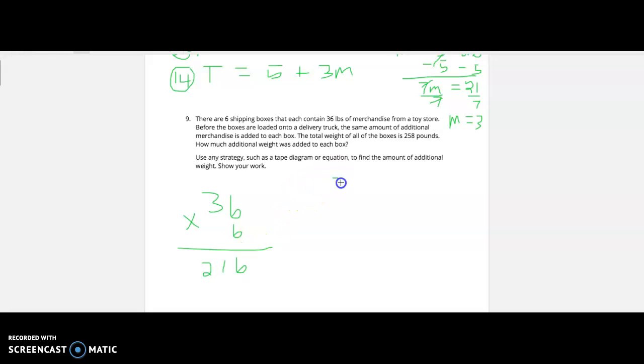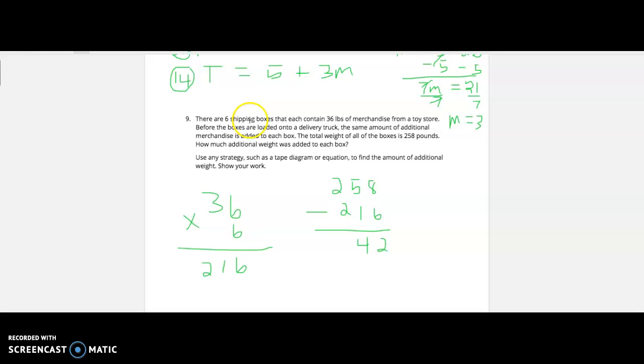But the new weight is 258. So let's see how much was added on. So 258 minus 216. It looks like 42 additional pounds have been added on.